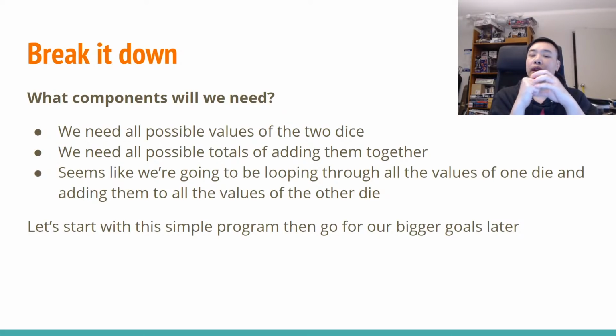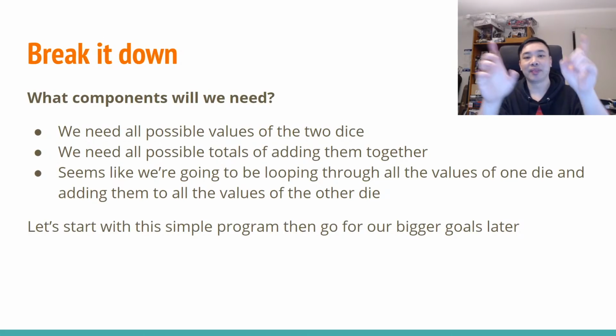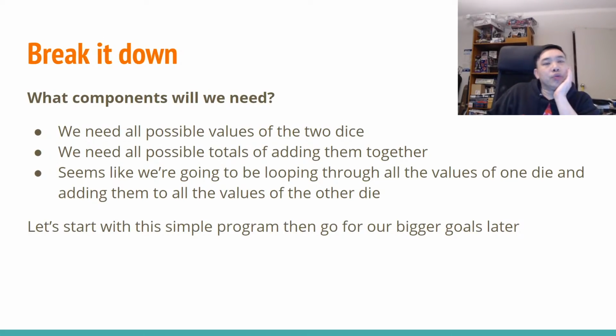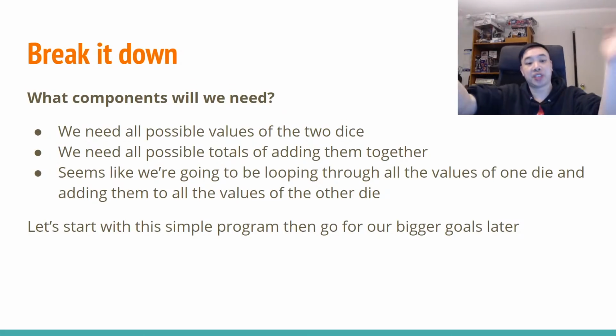This is another thing that we do with problem solving: we tend to take a big difficult task. The big difficult task is, what's the percentage chance of rolling a particular number on the dice? What I might do first is go, okay, can we just roll 2 dice and see what all their values are? Let's do that first, and then we'll add in the ability to total them, and then we'll add in the ability to check whether they reached the right total, and then we'll do some percentage calculation and stuff like that.